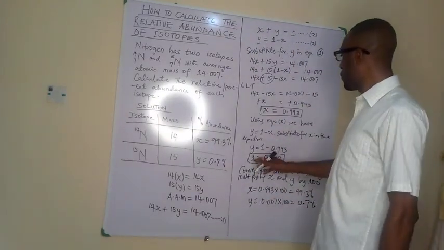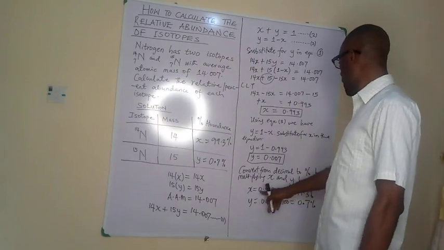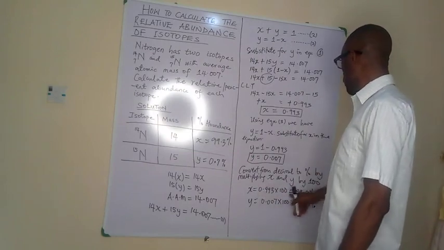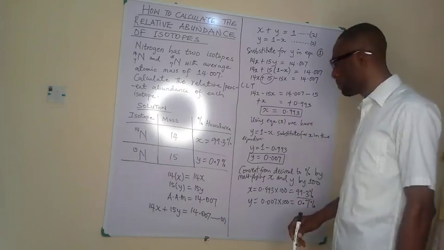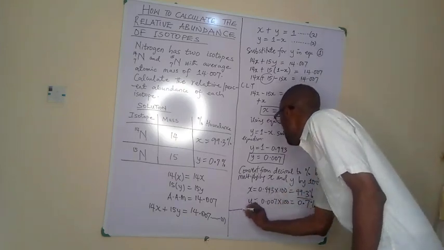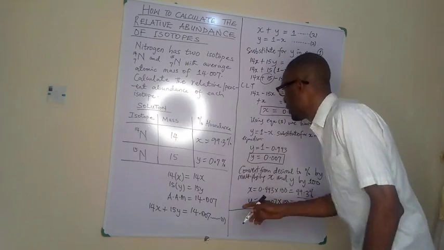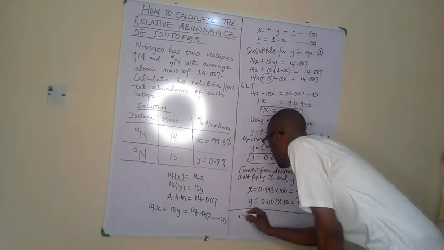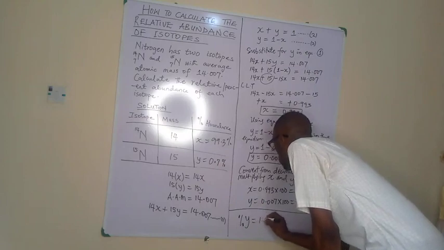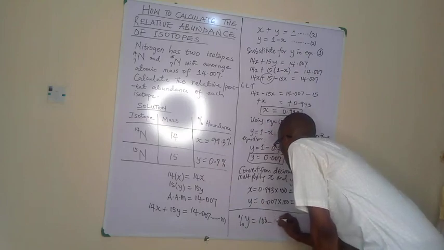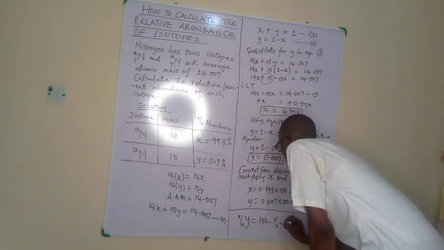When you convert x from decimal to percent and get 99.3, you could easily, instead of going further, say that percentage y is equal to 100 minus percentage x.